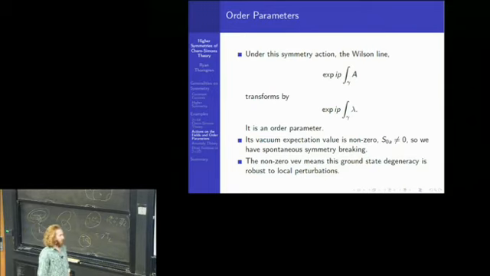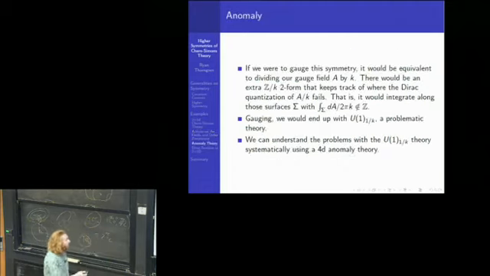Okay, so let's talk a little bit about the anomaly. If we were to gauge this symmetry, it would be equivalent to dividing A by K. Of course, this is not a kosher thing to do in general because of our Dirac quantization condition, which says that the integral of dA over any closed surface is a 2 pi integer.